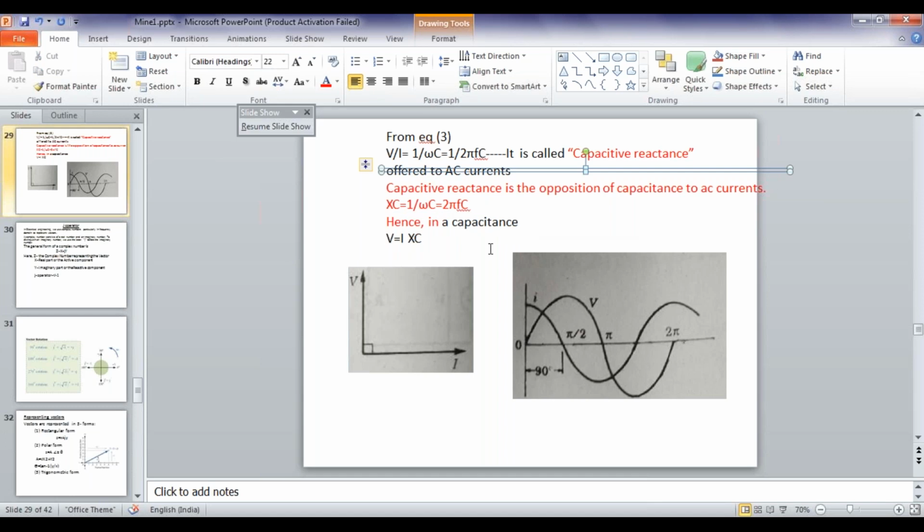These are the fundamental things we see whenever an AC current is applied through pure inductance, resistance and capacitance.